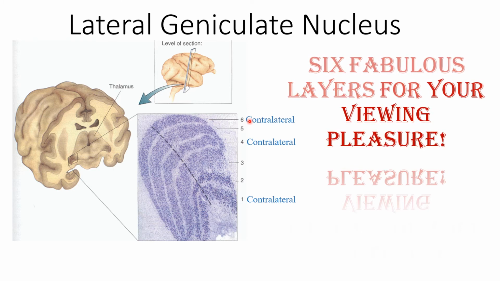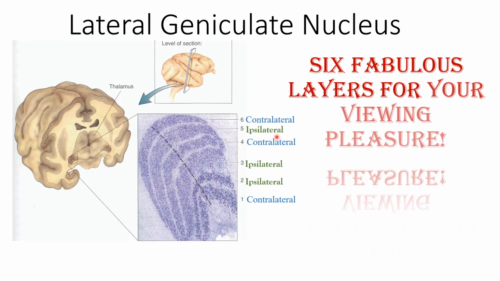So if it's the left lateral geniculate nucleus we're talking about, then layers 1, 4, and 6 are receiving input from the right eye, whereas layers 2, 3, and 5 are receiving ipsilateral input, or same side input. So again, if it's a left lateral geniculate nucleus, then layers 2, 3, and 5 are receiving input from the left eye.